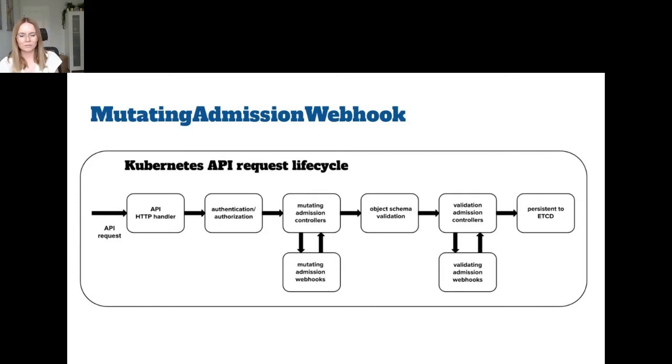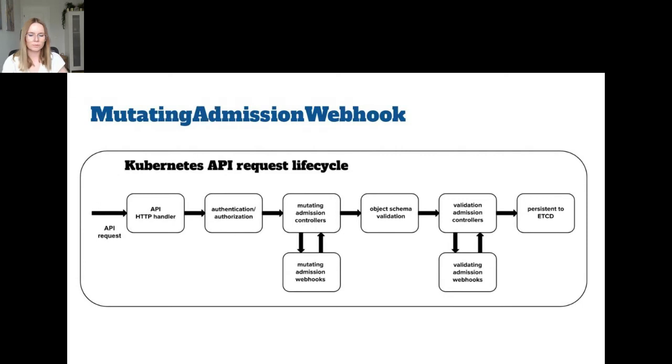Mutating controllers may modify related objects to the request they admit. Validating controllers may not. Simply saying, mutating webhook can modify object before this object is created in the cluster, but validating webhook extends validating methods for objects specification.